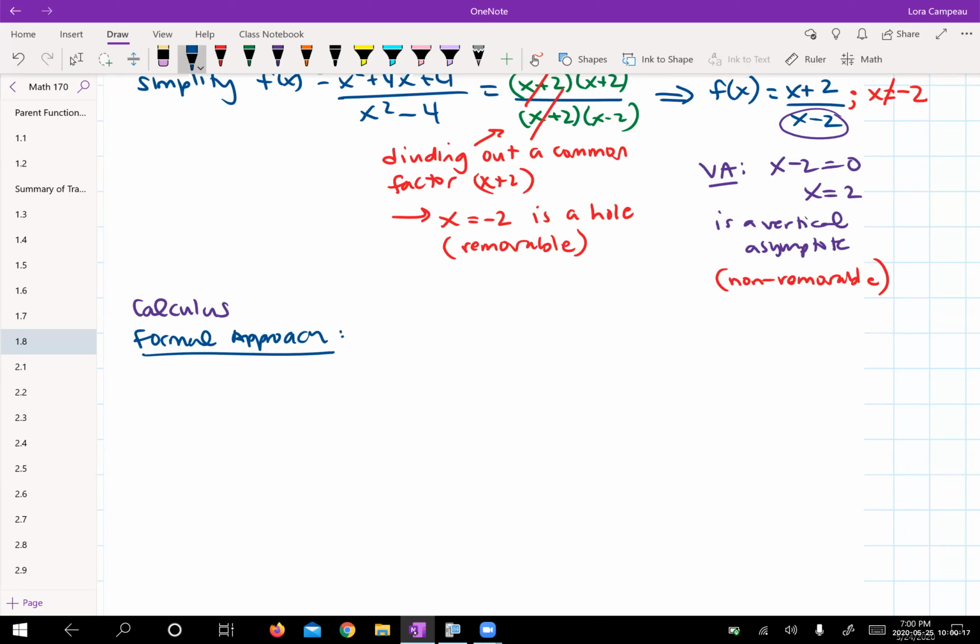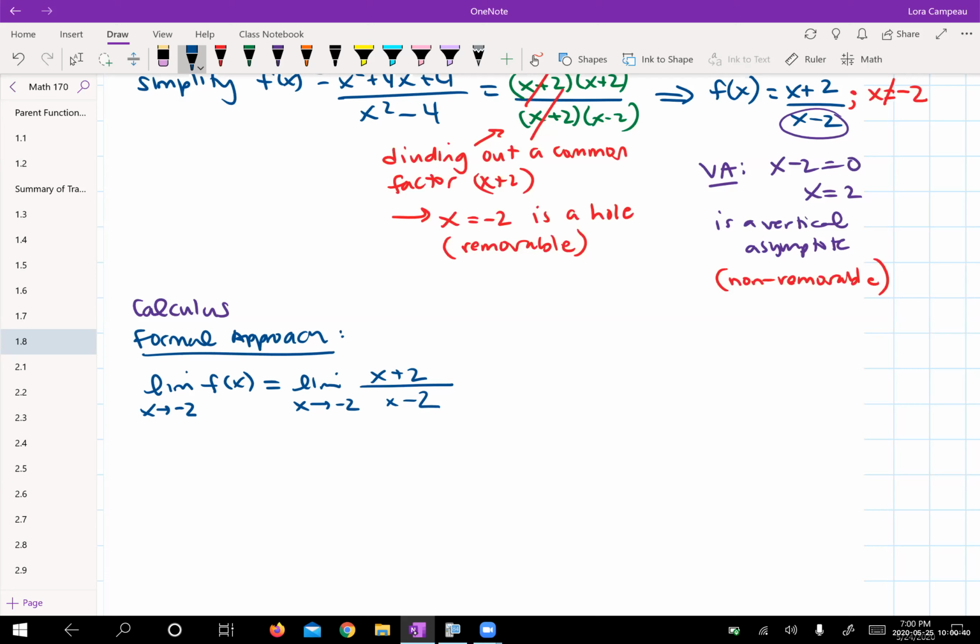So if I took the formal approach and I want to talk about the limit as x approaches -2 of my function, we'll write a little bit more in relation to our problems. So we have x plus 2 over x minus 2.